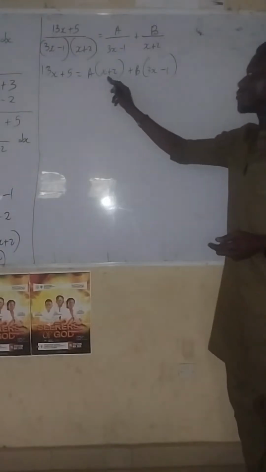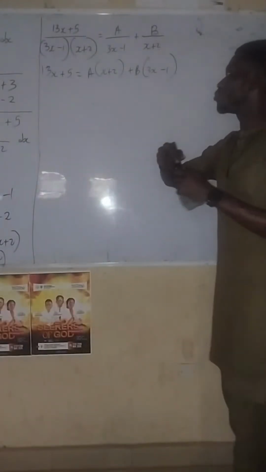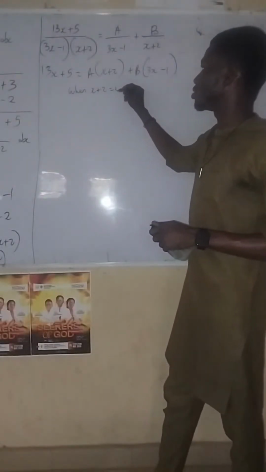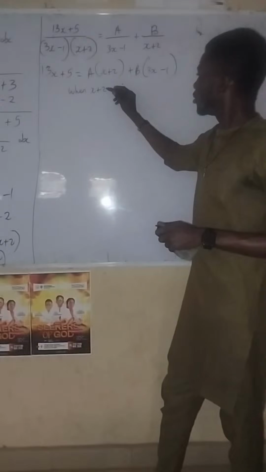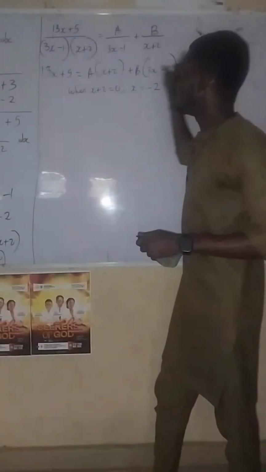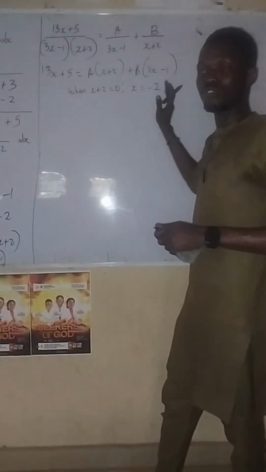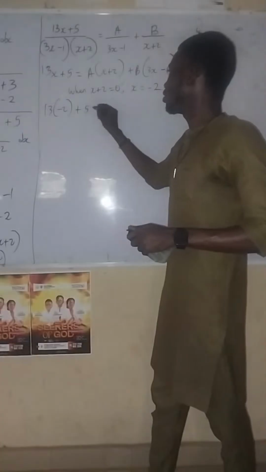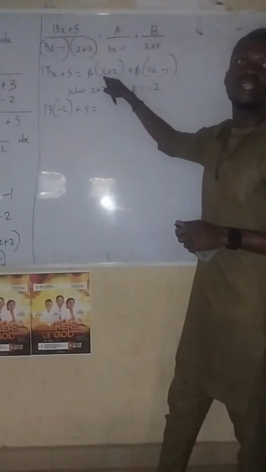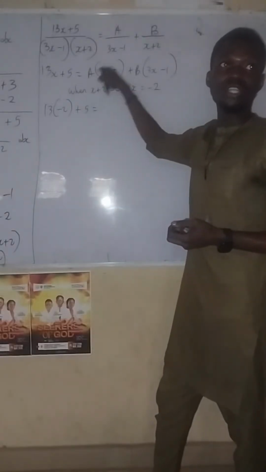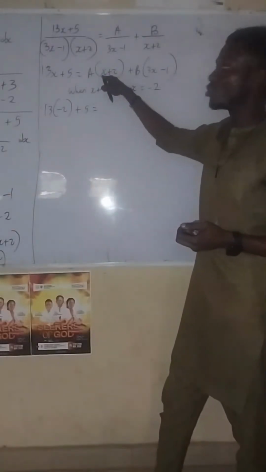Now, if you take this first one, x plus 2, when x plus 2 equals 0, x equals minus 2. So wherever you see x, it will be minus 2. So that's 13 into minus 2 plus 5 equals, if you put minus 2 here, minus 2 plus 2 is 0. So this one will be cancelled. So you don't need to repeat this one. So only this one now.